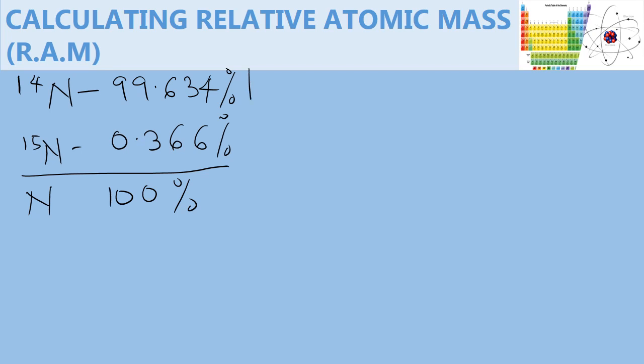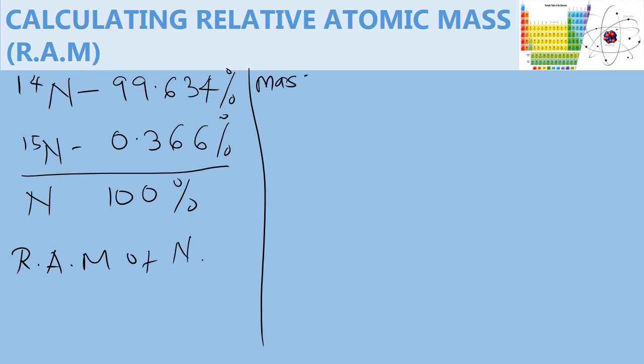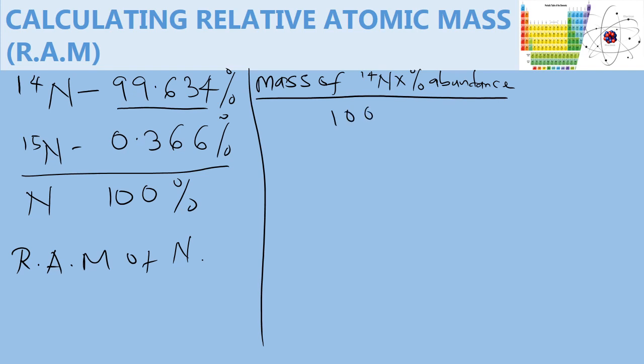Now for us to calculate the relative atomic mass of nitrogen, we need to carry out the following calculations. We need to take the mass of nitrogen 14, multiply by the percentage abundance, which is this here, divide by 100.